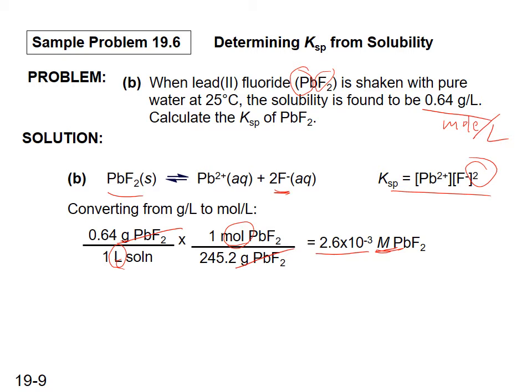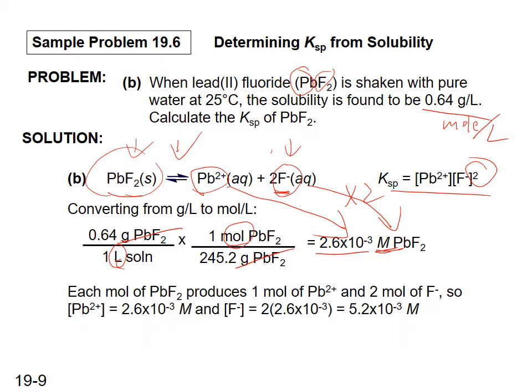Now to calculate the ion concentration, we look at the dissolution reaction. We find that the concentration of lead should equal the concentration of the salt that goes into the solution. So these are the same. And fluoride should be twice of this amount, times 2, because every salt becomes 2 fluoride. All right.